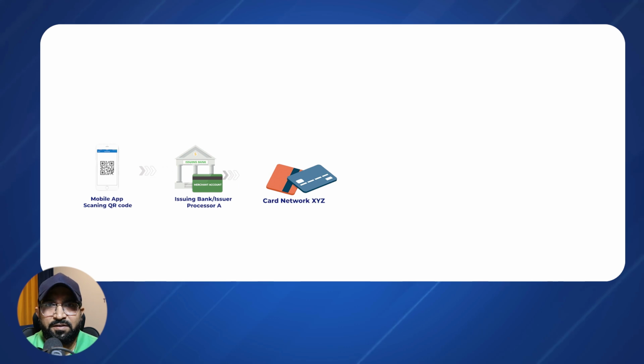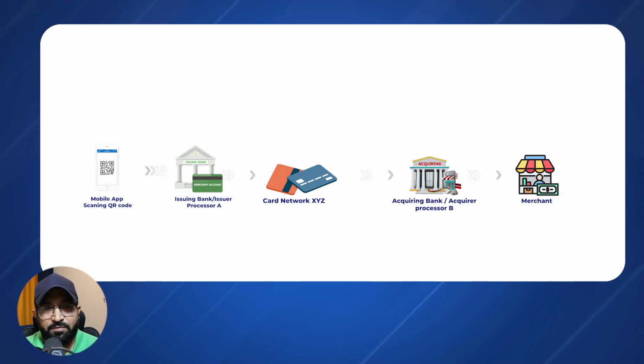After they identify, they will of course verify the customer. They will do authentication and check whether the customer has sufficient balance or not. If the customer has sufficient balance and everything looks good with the transaction, then after all these verifications, checks and validations, the issuer processor, bank A, will forward this transaction to the card network XYZ.